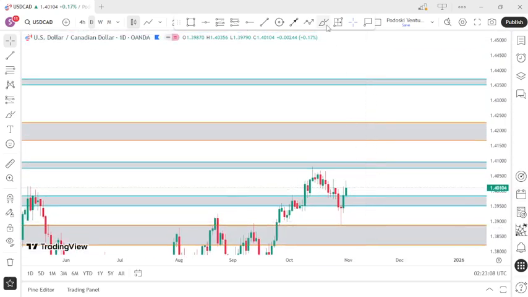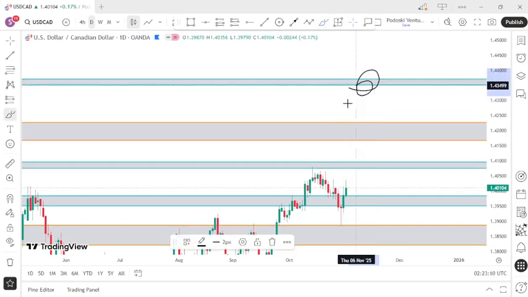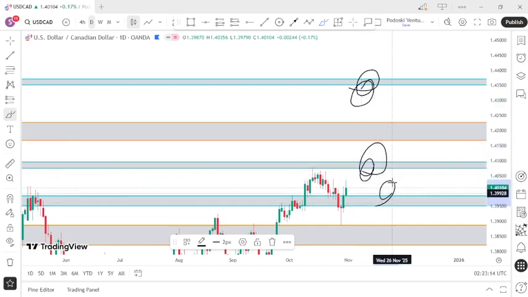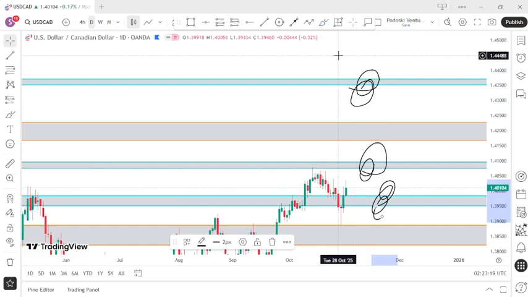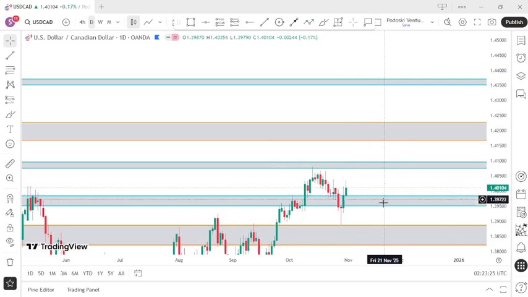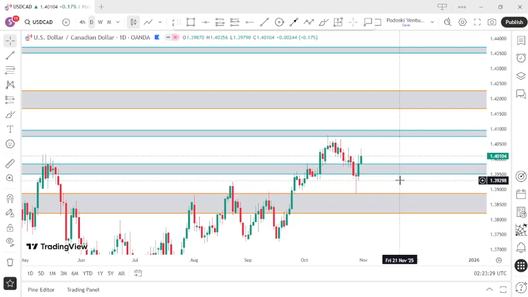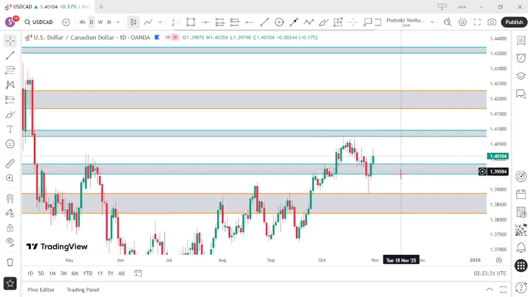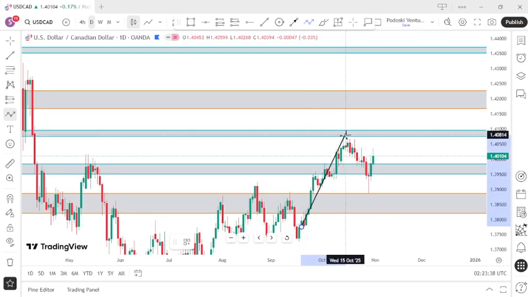On the daily time frame, I have my daily upper zone here, midway zone here, and my daily lower zone here. One more thing about USD CAD on the daily time frame is that this weekly zone got broken and price went to the upside.